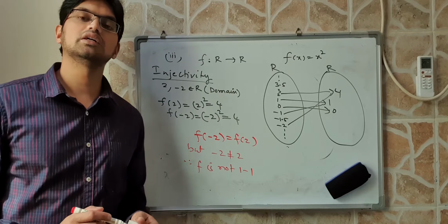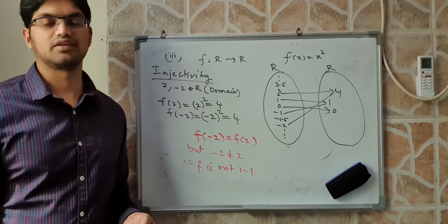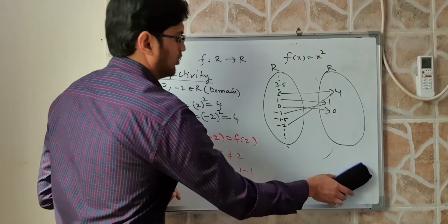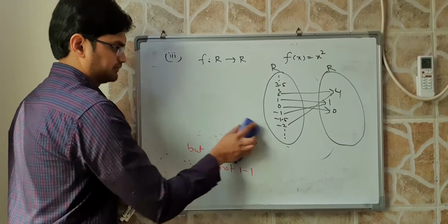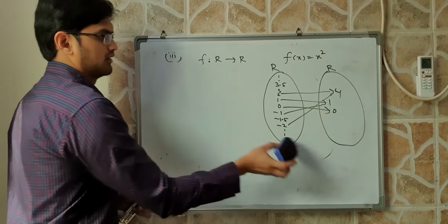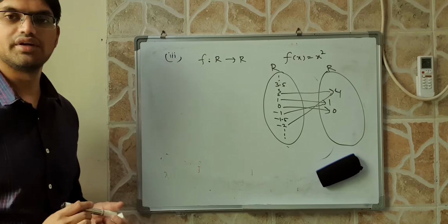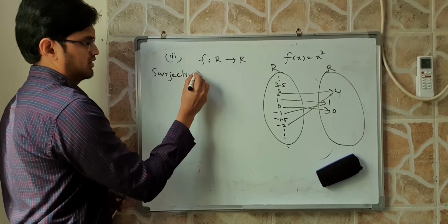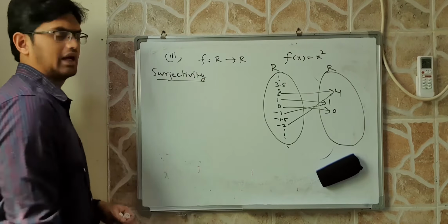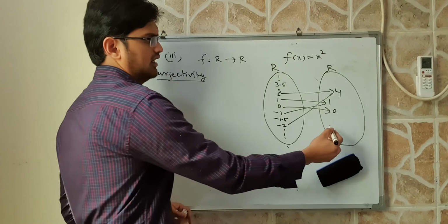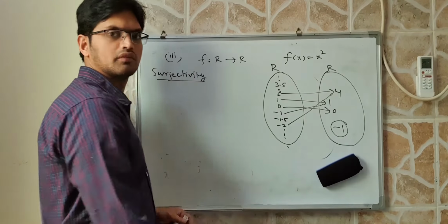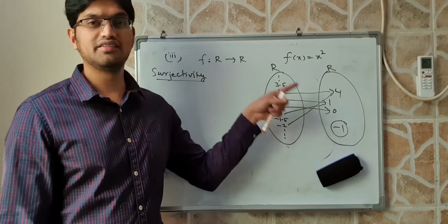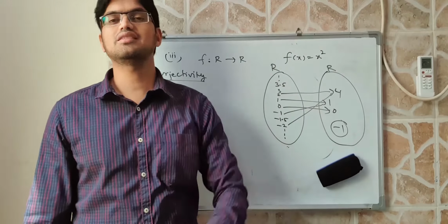Now, what is the onto function? For surjectivity, what we will do? Let us try to see. For surjectivity, that is onto, again I will select, let us say, -1 from the codomain. Is there any element which is mapping to -1?